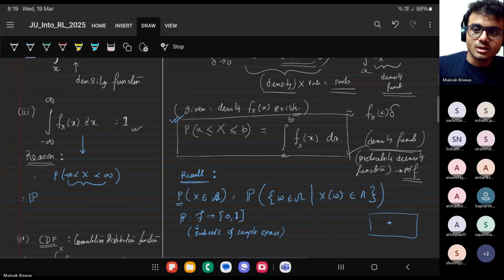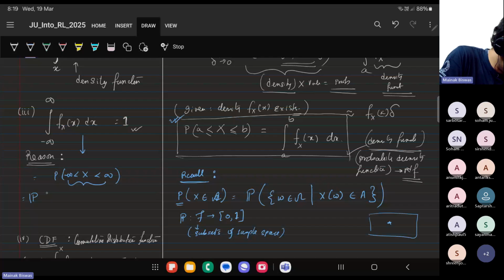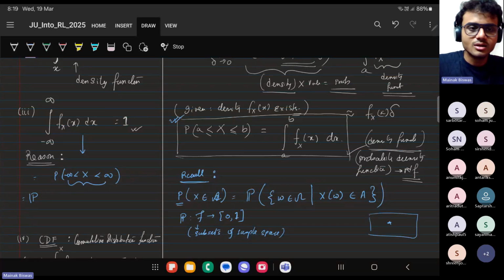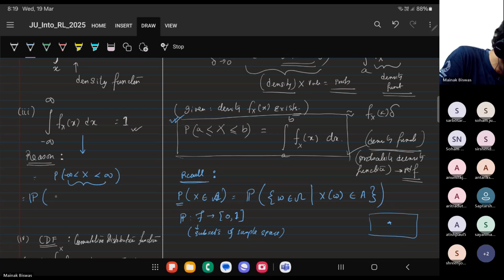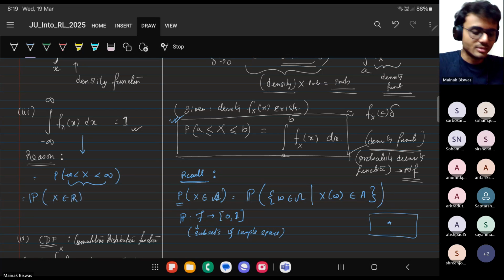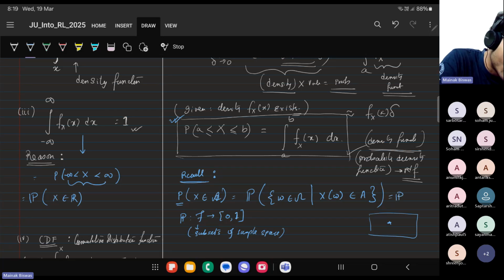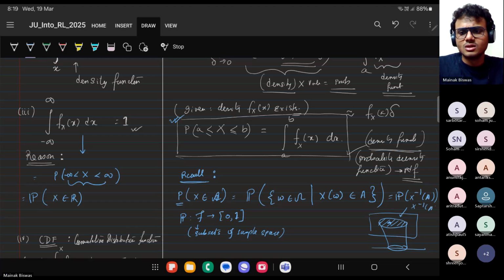So if you have this probability function, what will minus infinity to infinity mean? It means that x belongs to R, right? And we define that this is equal to x inverse of A, the pre-image in the sample space, and we use the measure, or whatever the probability function, on that.